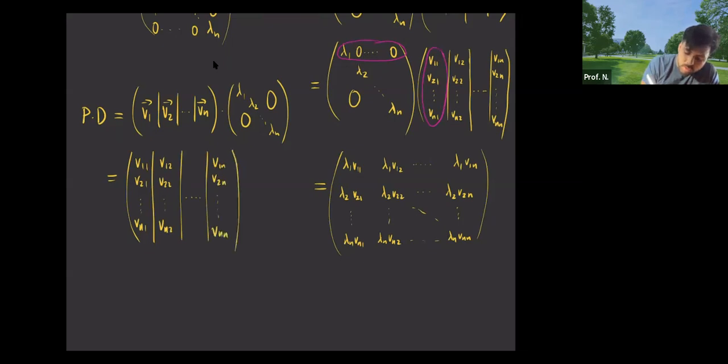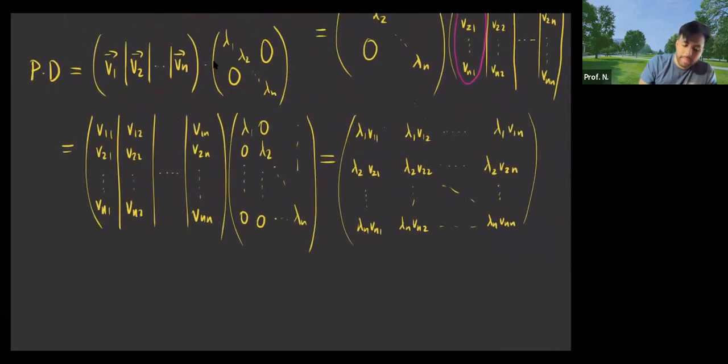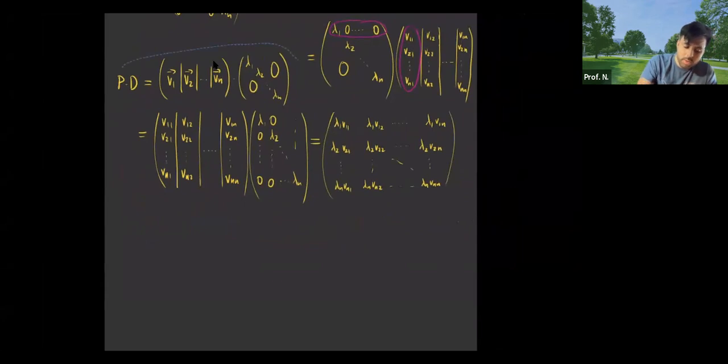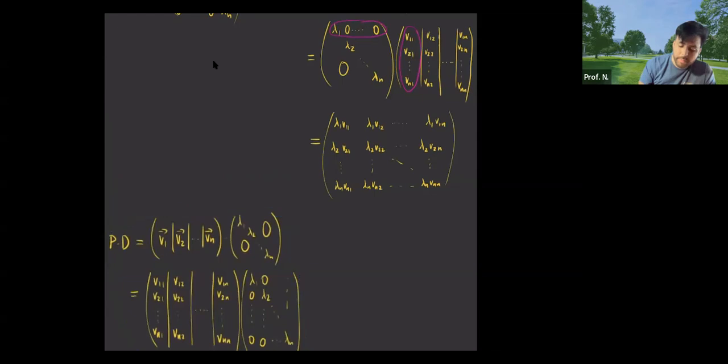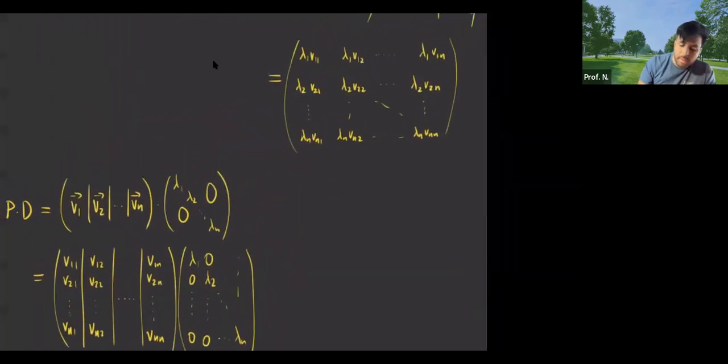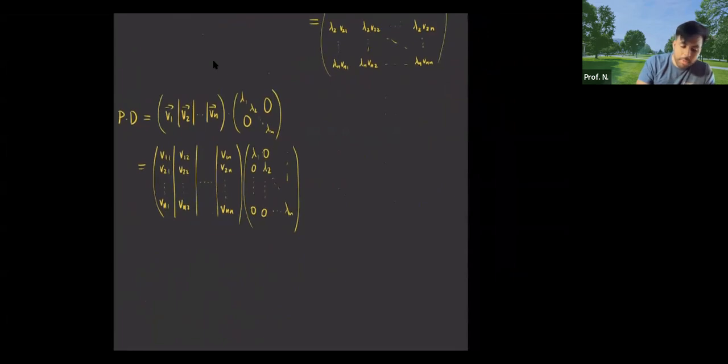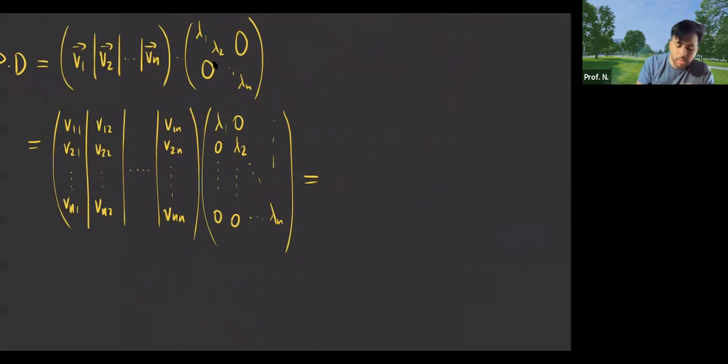And I'm multiplying this by the diagonal matrix with lambda 1, 0, 0, lambda 2, all the way to lambda n. So let me move this down here so you won't confuse the equal sign. Now, when I multiply this out, what is this going to look like?